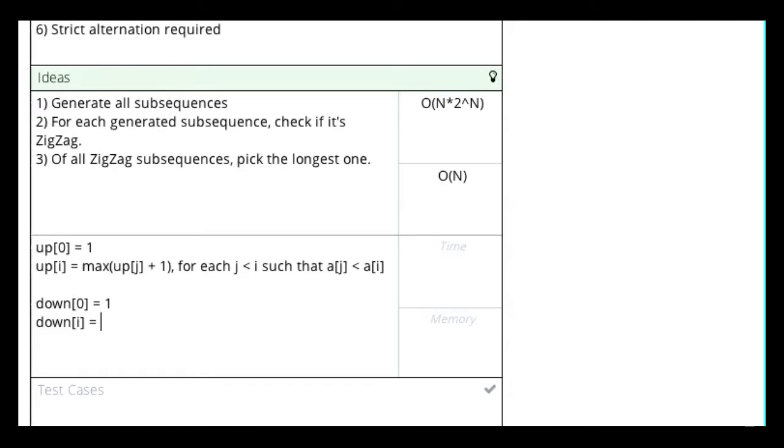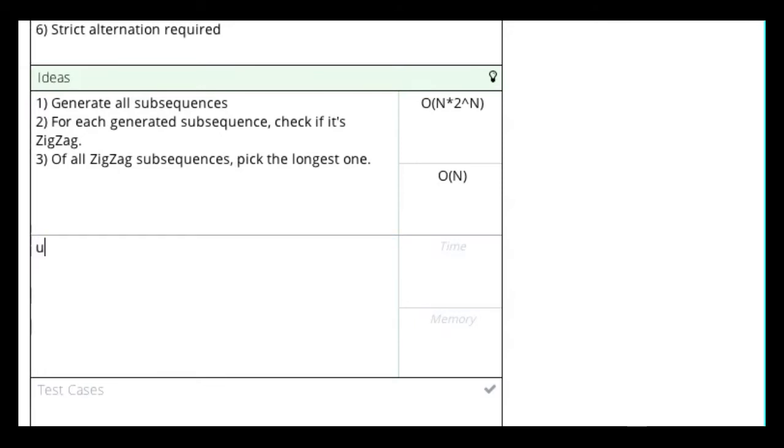Concretely, if up i is the length of the longest zigzag subsequence ending at ai, which ends with an increasing segment, and down i is the length of the longest zigzag subsequence ending at ai, which ends with a decreasing segment, then we can say that up i equals the maximum of down j plus 1 for all j smaller than i such that ai greater than aj.